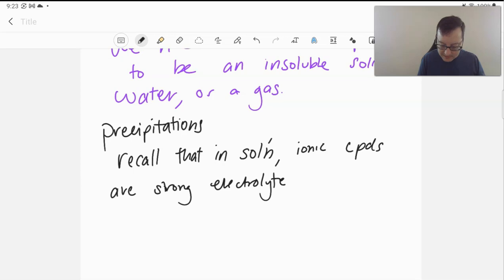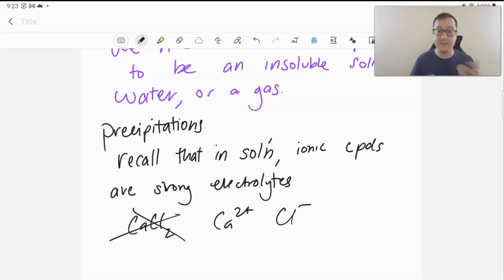So remember that something like CaCl2 is not really CaCl2 in solution. It's really calcium ions and chloride ions. And in fact, we have two of the chloride ions, right? But the point is we have the ions present.